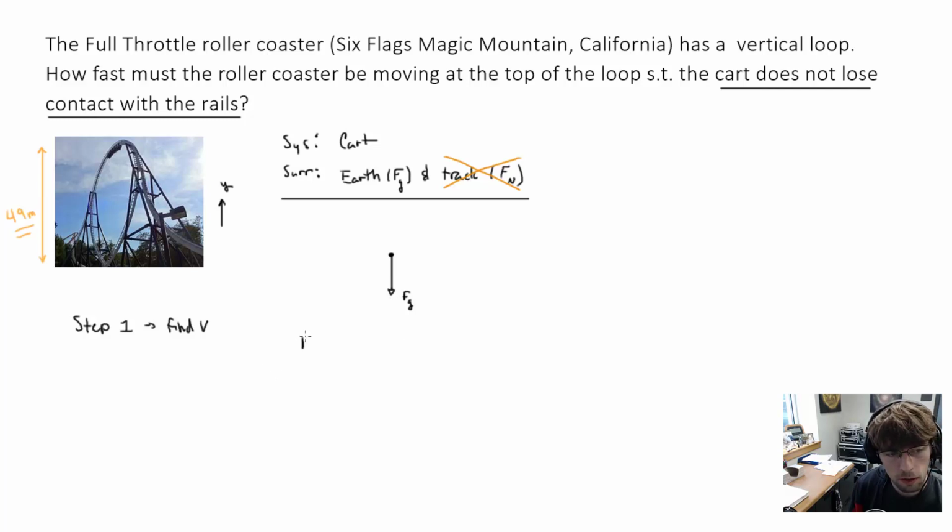Cool. Let's go ahead and apply Newton's second law. I'm going to look at the y direction. And so we end up with something that says F net equals m a in the y direction.